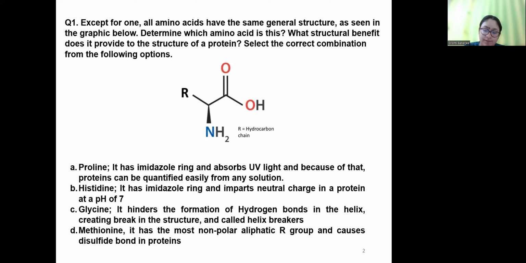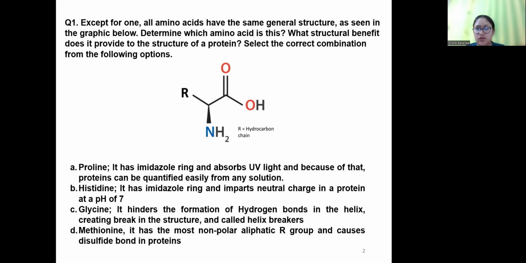If I'm not very wrong, and I would love to hear your thoughts, proline has a ring to it. So do you find any ring structure attached in this particular given structure? The thumb rule is, whenever you're given an amino acid structure, there are some amino acids which have ring-like structures attached to them.